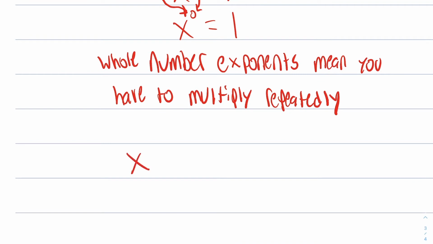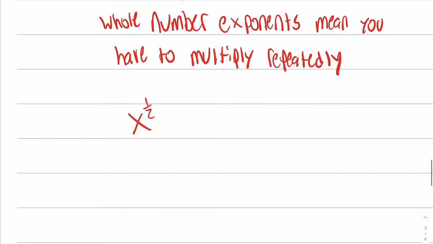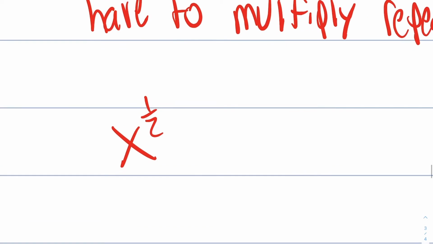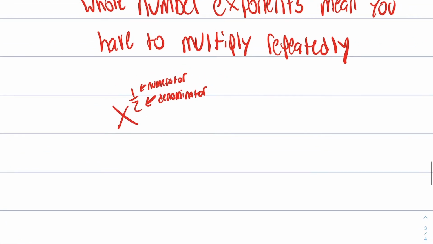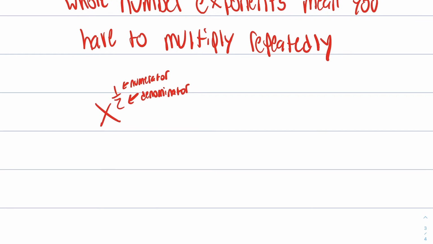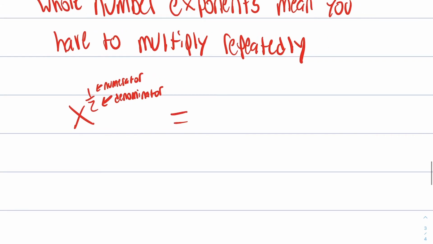So if we go back to that x to the 1/2, we can break the number 1/2 into 2 separate pieces. You have the numerator and you have the denominator. When you break that exponent into 2 separate pieces, the denominator tells you what is the root that you're going to do.